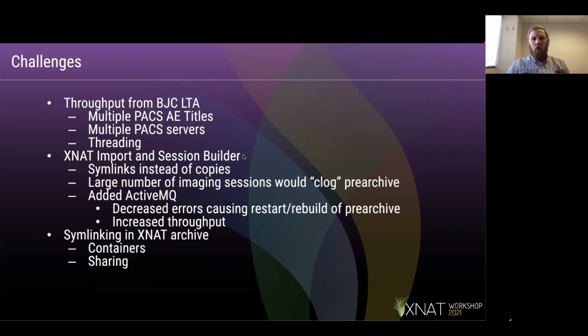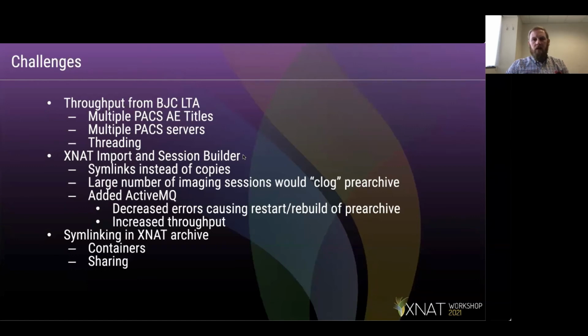With the XNAT import and session builder, it was a really large number of images, not necessarily the size of them, but it's almost more smaller images like x-rays that we tended to have issues with, where we would clog up the pre-archive. So again, one way to alleviate that was to use symlinks for the research projects.